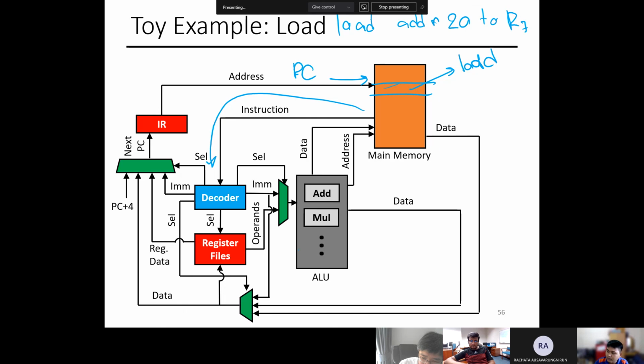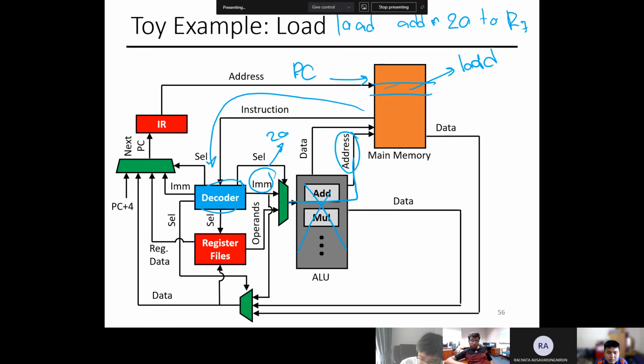This means that I'm not going to do anything here because there's no need for me to do anything here. What is the address I put in here? Basically, the decoder says, hey, I just want to load address 20. So I just forward 20 right away, right? That's my immediate.